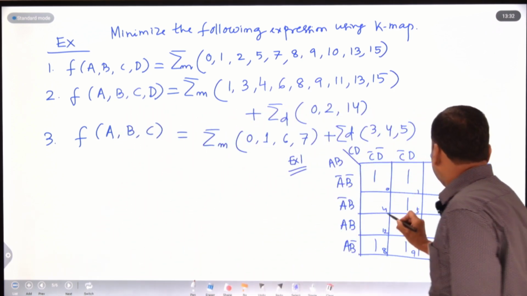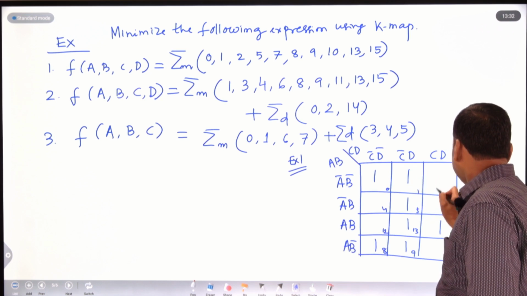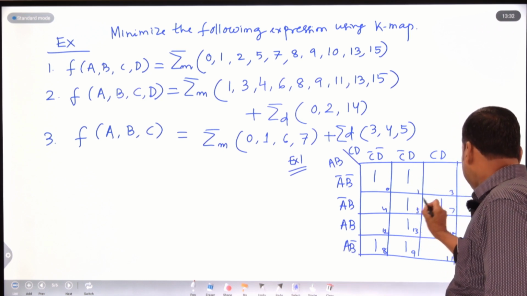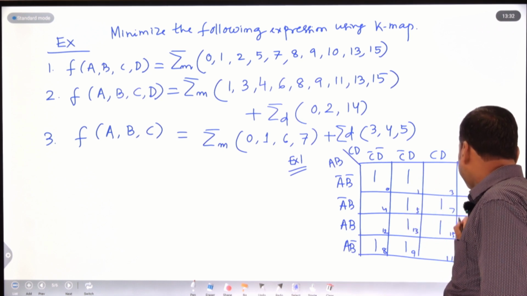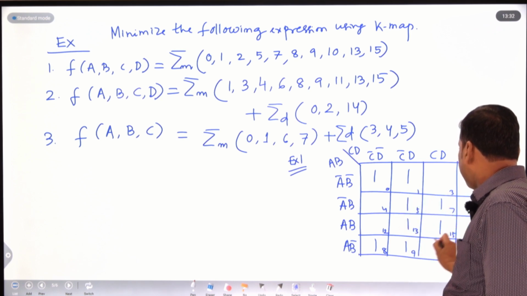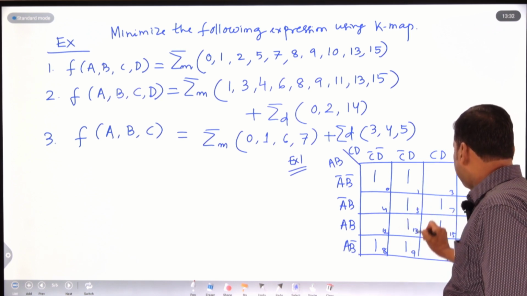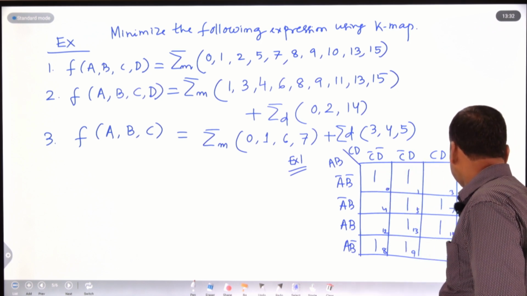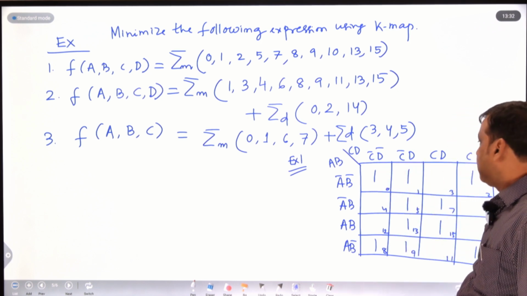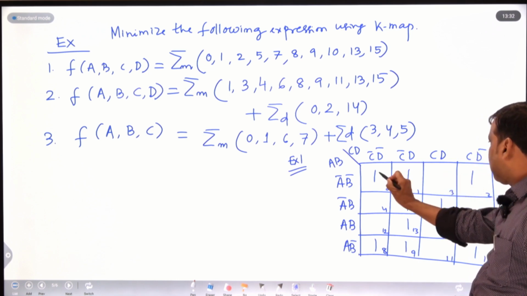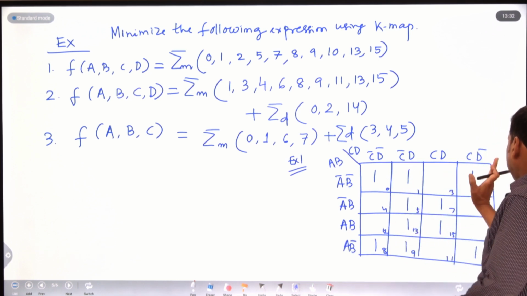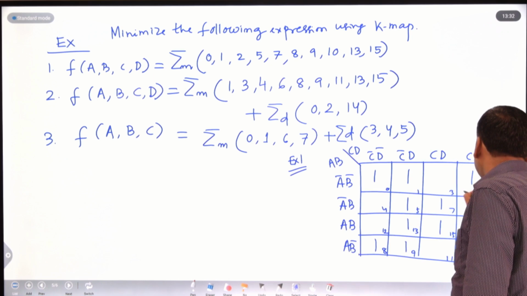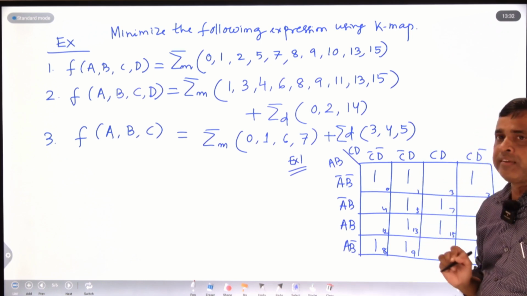Here look at this 1 1, here also 1 1 1. Like this, I can form a quad here. Here also this one and this one, I can form a quad. And this one, this one, this one, this one, I can form a quad over here. Because each cell has 4 adjacent squares.